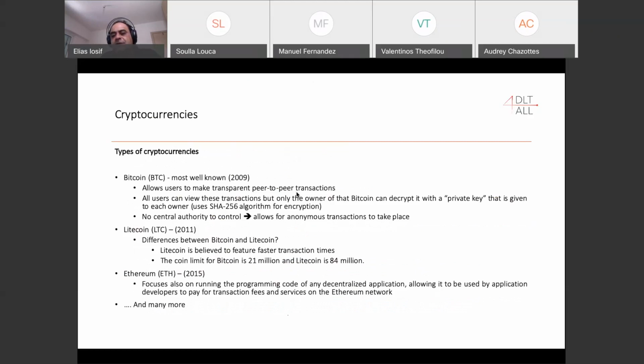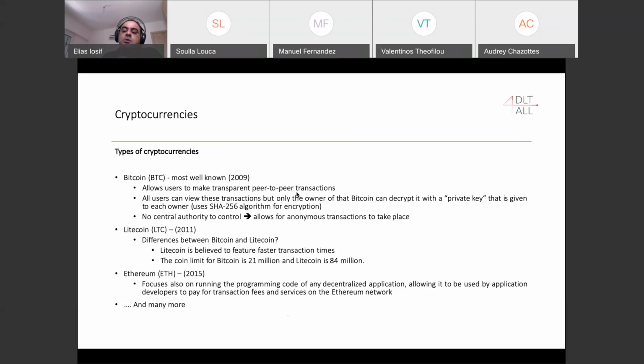Okay, the detailed presentation and comparison of the cryptocurrencies is not typically feasible within the duration of a presentation like this one, because we have literally thousands of cryptocurrencies, and the reason for having such huge numbers is the fact that this is programmable money.